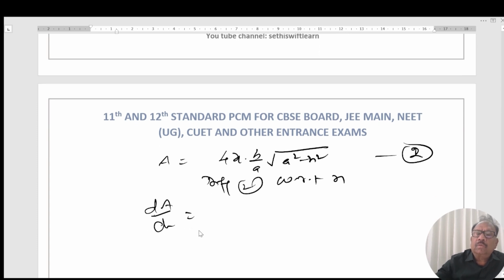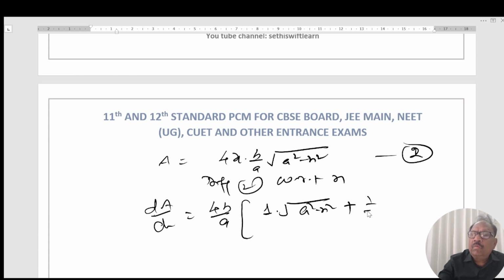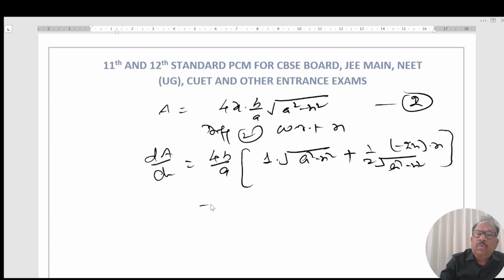dA by dx equal to 4b by a, product formula: 1 into under root a square minus x square plus 1 by 2 root a square minus x square into minus 2x into x, right? 4b by a.